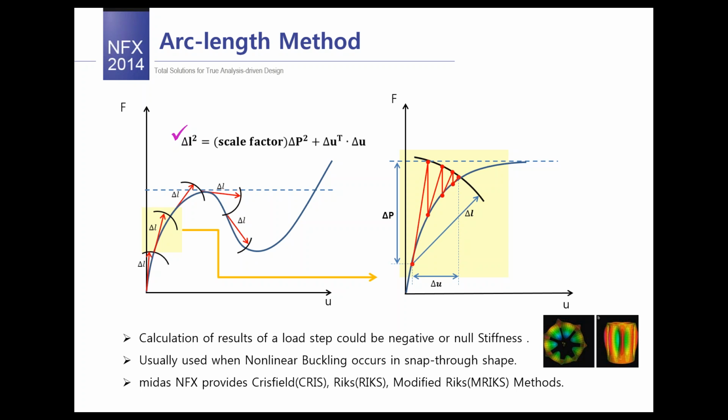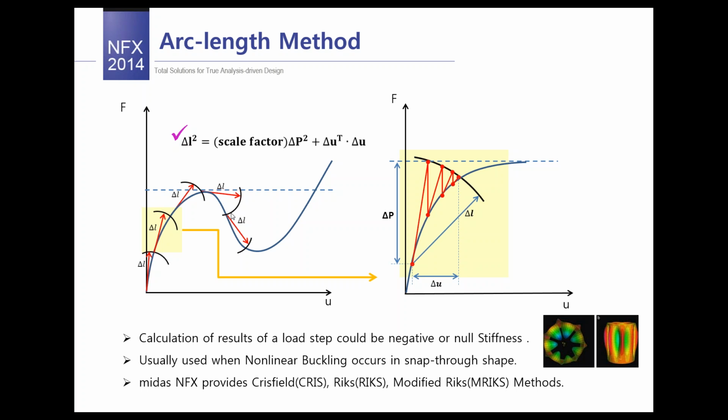So as the solution, the arc length method has been developed. This is also an iterative technique, as we see on the slide, which is used to arrive at a reliable and accurate solution at, or let's say close to, limit points where the slope of the force displacement curve changes sign.